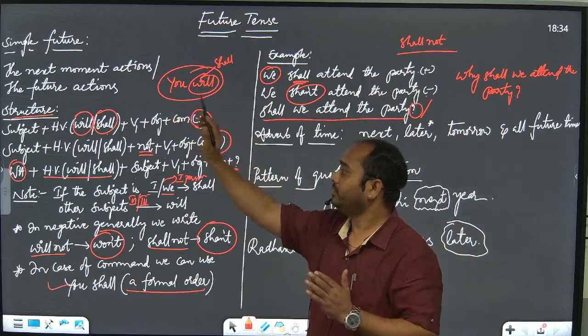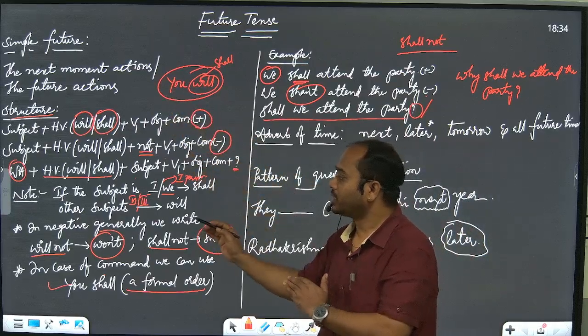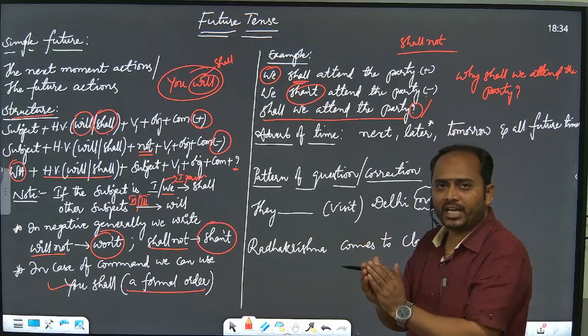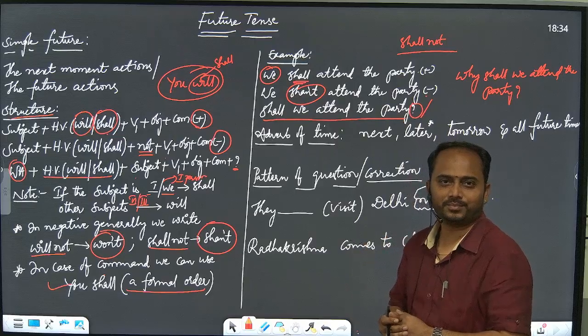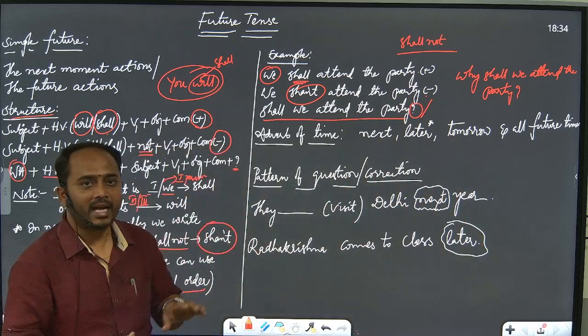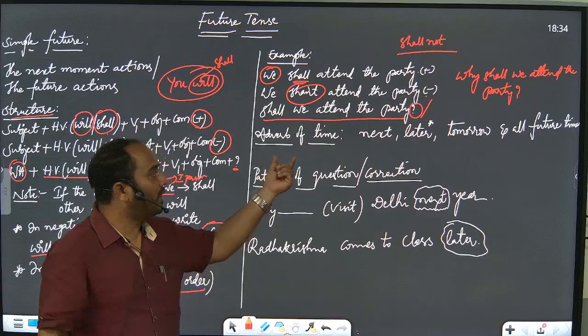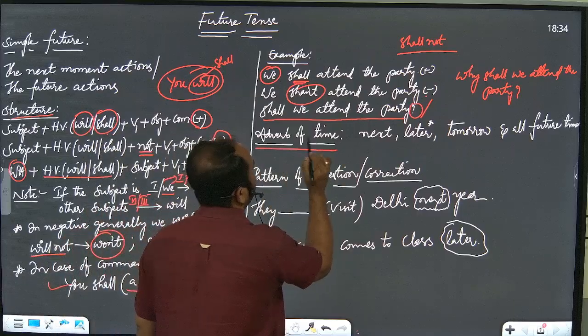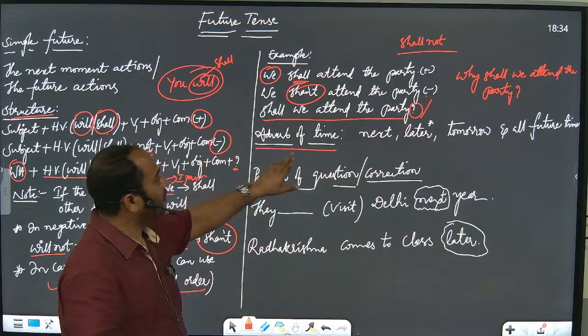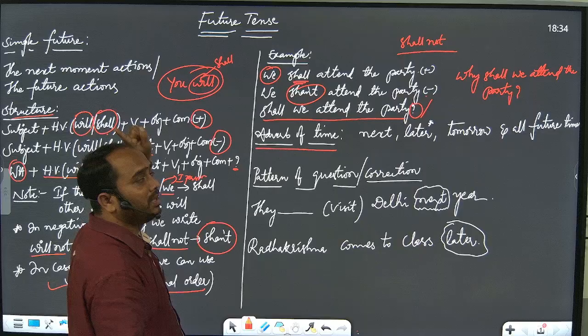This is all okay: the definition, structure, and the rules and regulations, how to use and what to use. But how to identify in the examination? While writing the examination, how to identify? As we discussed already, the adverb of time is mandatory to identify the tense. Then what are the adverb of time words to indicate the simple future?